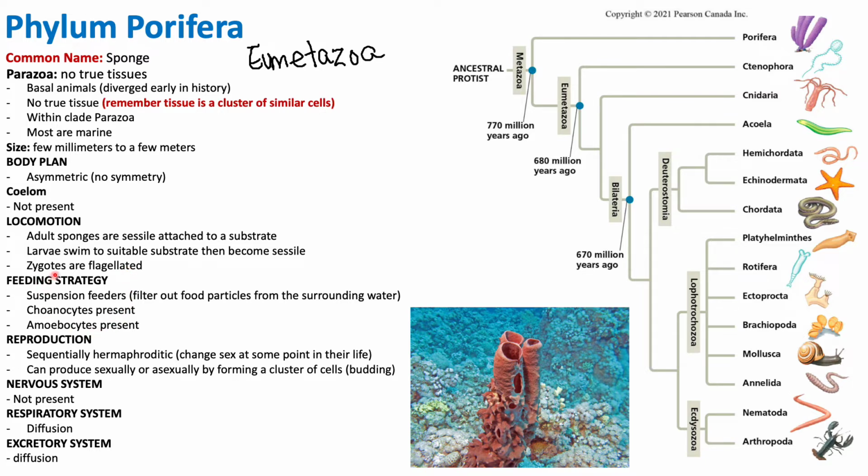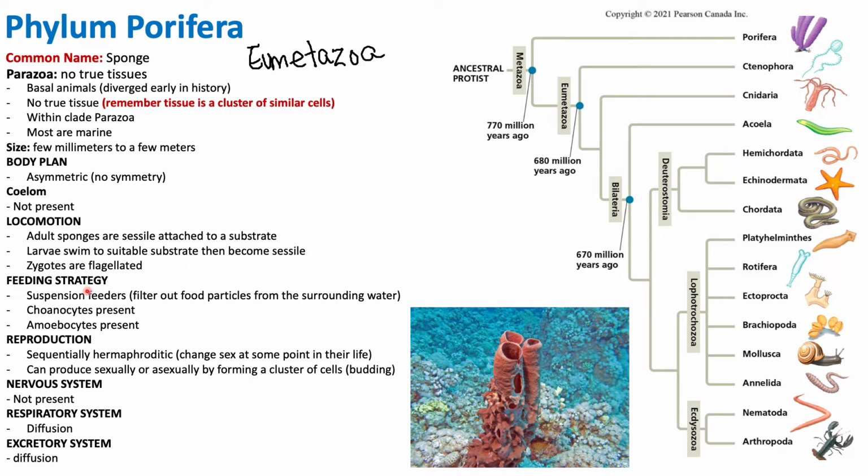Since we know that the larvae are able to swim, that means they must be flagellated, because remember, a flagellum is used to propagate that motion, especially in an aqueous environment. So for locomotion, it's important to know the distinction. Adults are sessile, larvae are able to swim.